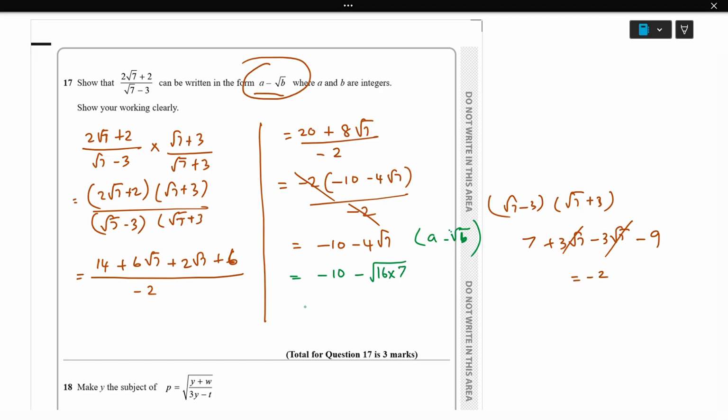Minus 10 minus square root of 16 times 7, which is 112. This is the final answer: minus 10 minus square root of 112. Is this the form a minus square root of b? A and b are integers, so a can be a negative number.